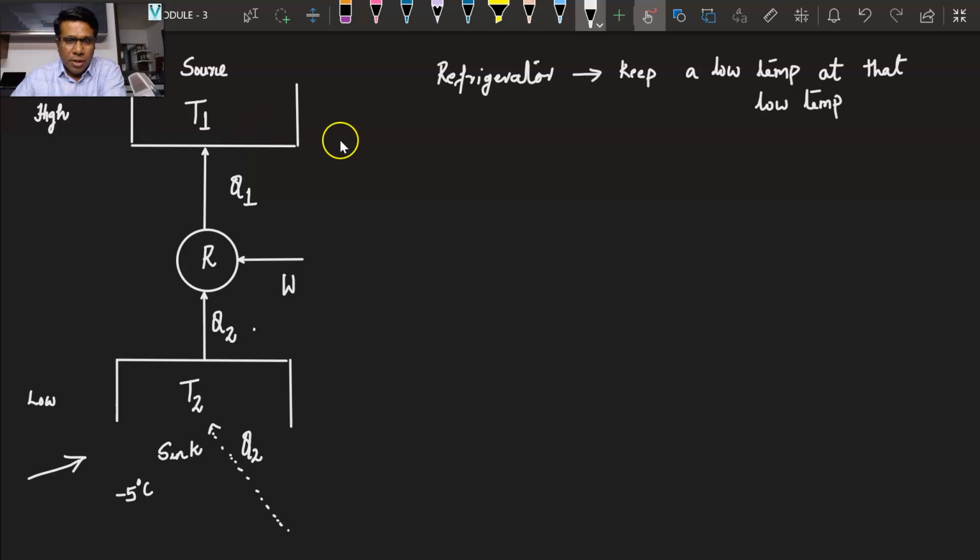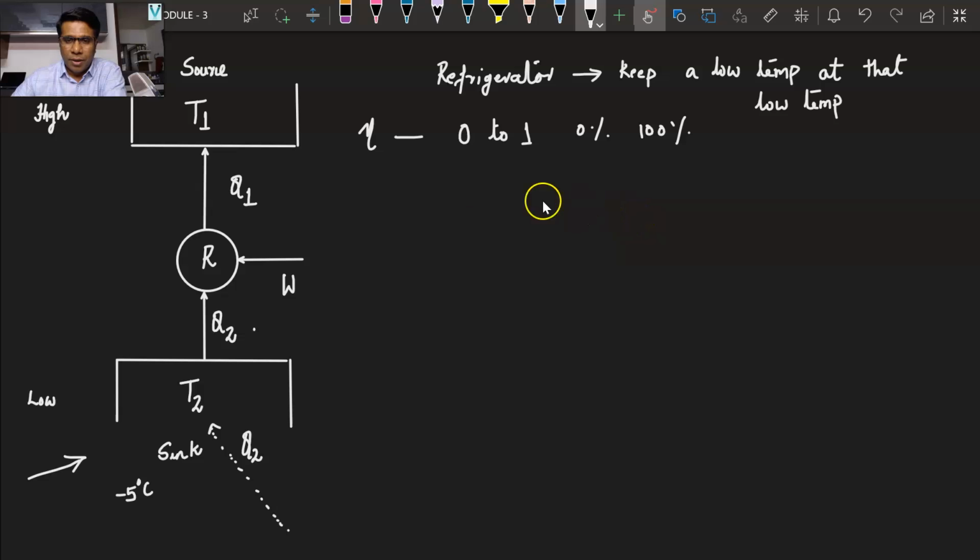Now, normally we use efficiency for the heat engine. And normally the value of efficiency will be in the range of 0 to 1, or 0% to 100%.